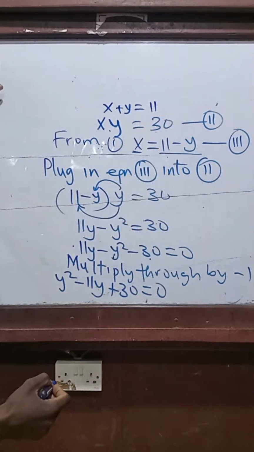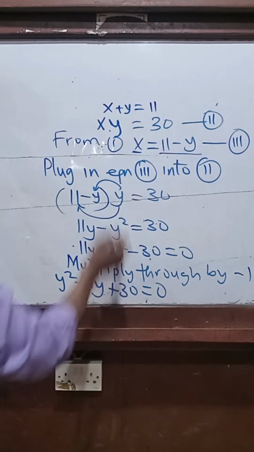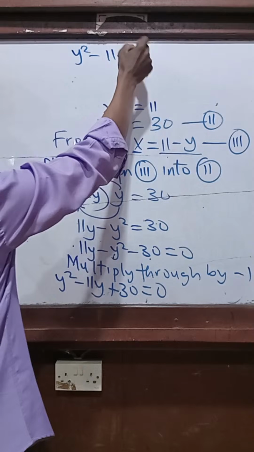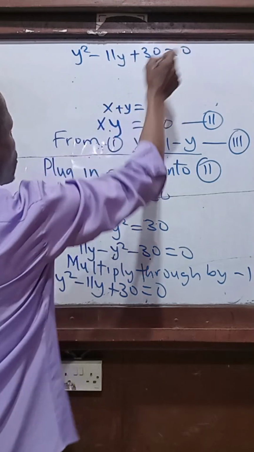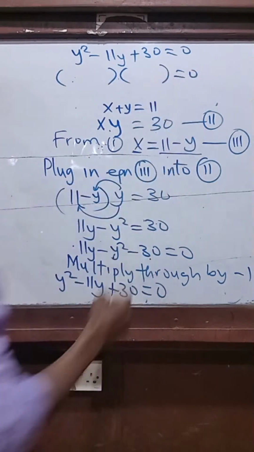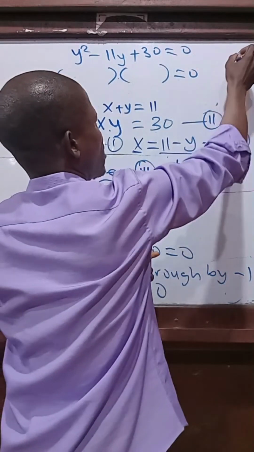What we're going to do now is factorize this one, because this is a purely quadratic equation. What we are going to do is look for factors of 30.